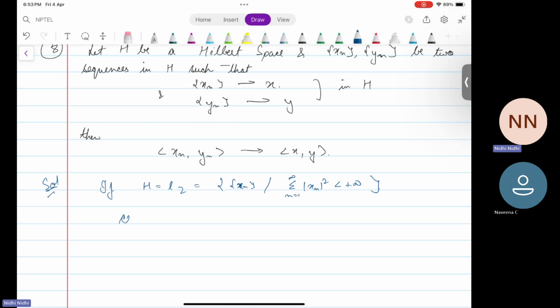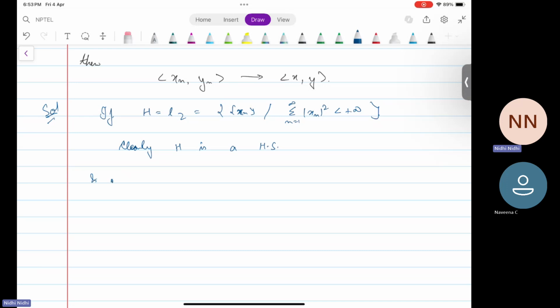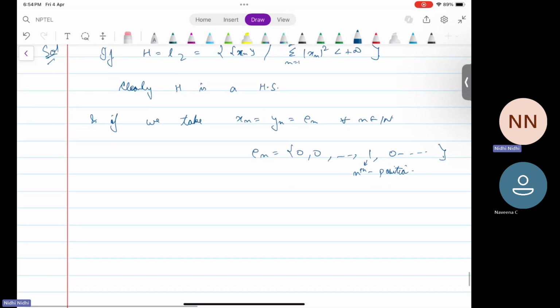If we take x_n and y_n both to be equal to e_n, where e_n is the sequence in L2 that has 1 at the nth position and 0 elsewhere, then we know that x_n and y_n will converge weakly to 0 in L2. This we have proved earlier, if you remember, in previous classes.